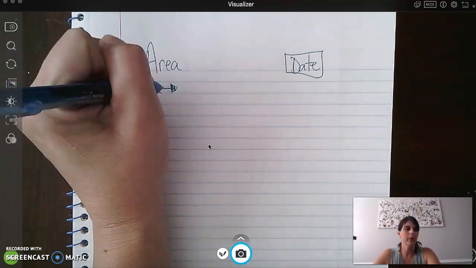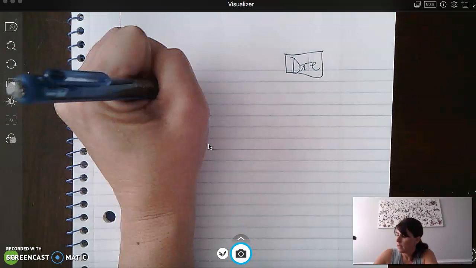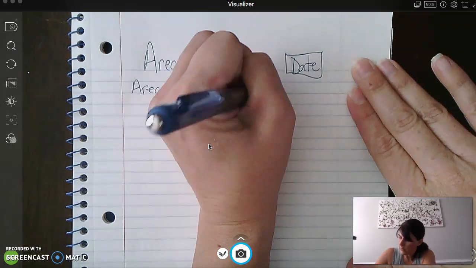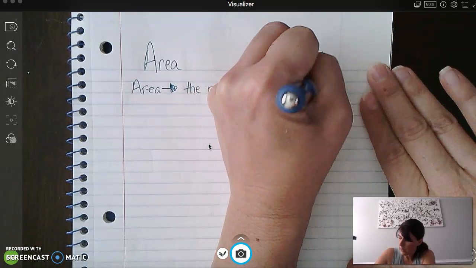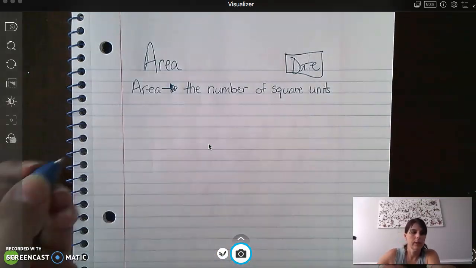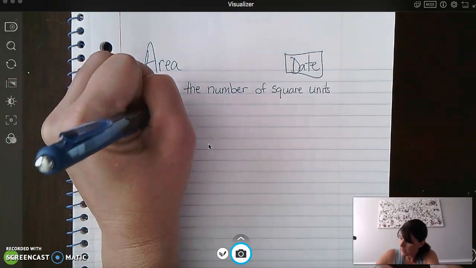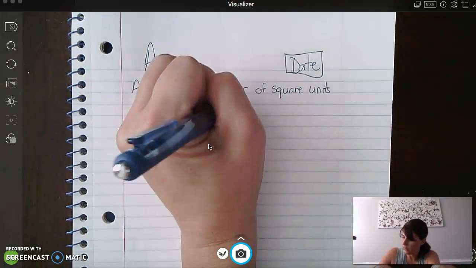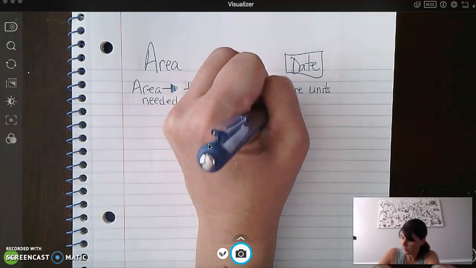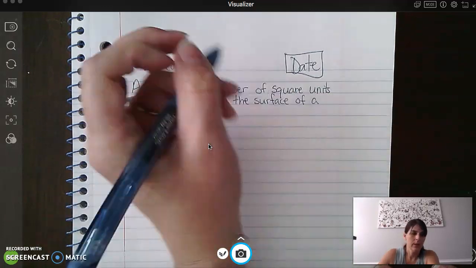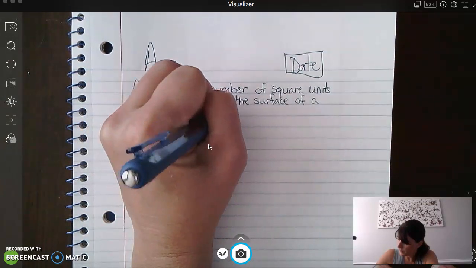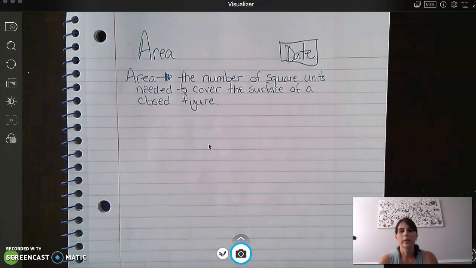The definition for area is the number of square units needed to cover the surface of a closed figure.